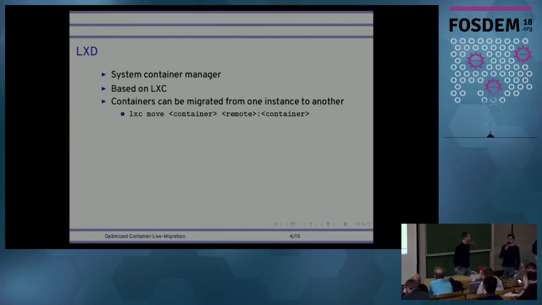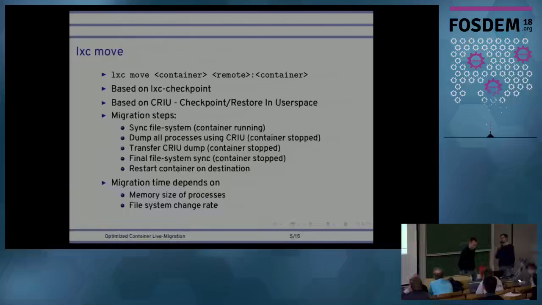Who is familiar with the concept of live migration? Okay, cool. It's basically just dumping all of the volatile state to disk, you sync over the file system, and then you sync over the volatile state, you restore the task on the receiving system, and you're good. Yeah, exactly.